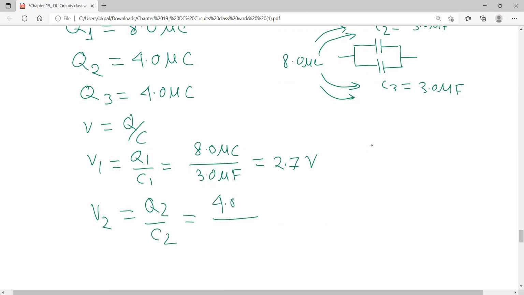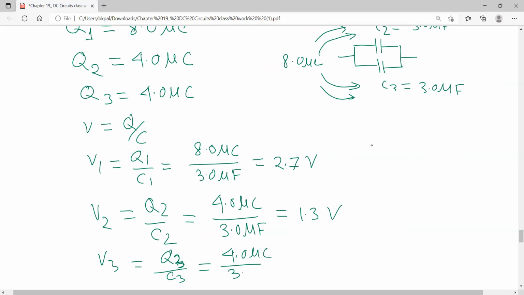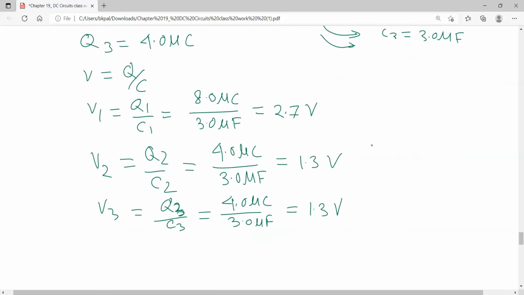Q2 is 4 microcoulomb and C2 is also 3 microfarad, so it is basically 1.3 volt. And V3 will be similarly Q3 over C3, also 4 microcoulomb over 3 microfarad, so the value is again 1.3 volt.